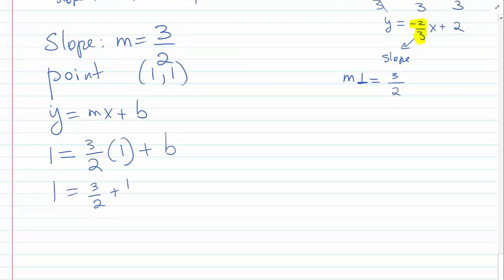And then, how do you get b by itself? You see here you've got to deal with this fraction. Not very pleasant, but what are you going to do? When I show you to do it the other way, it's actually easier. So what is it? 1 take away 3/2.